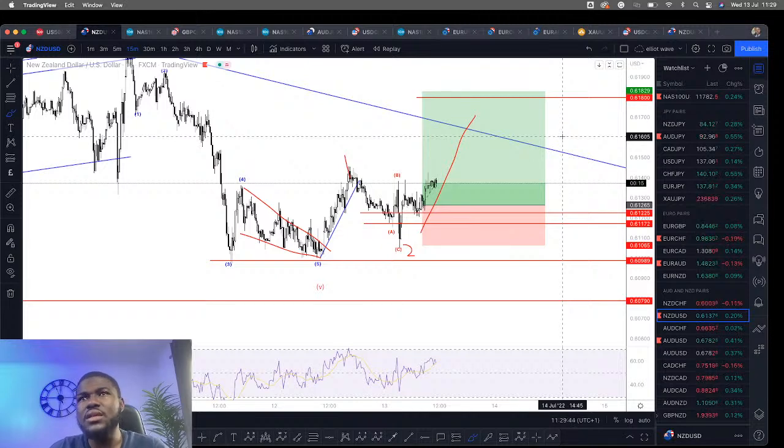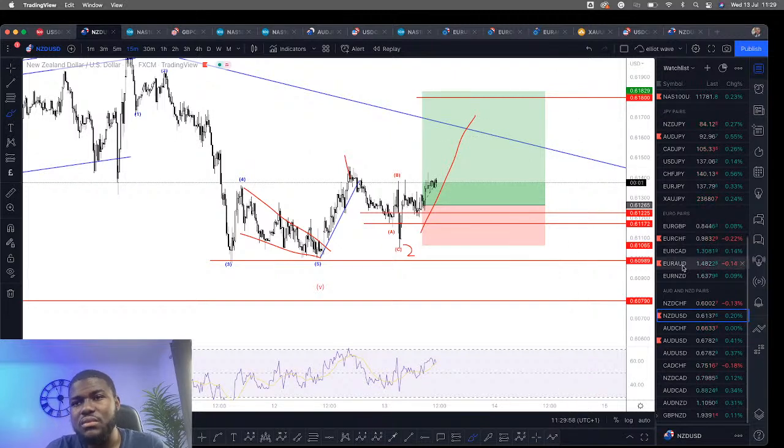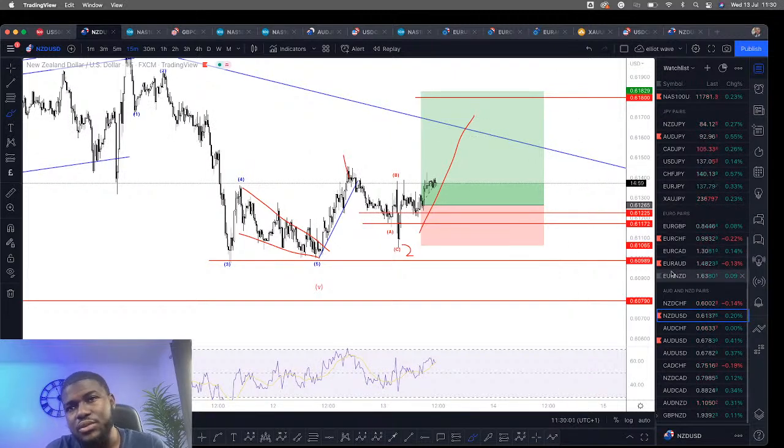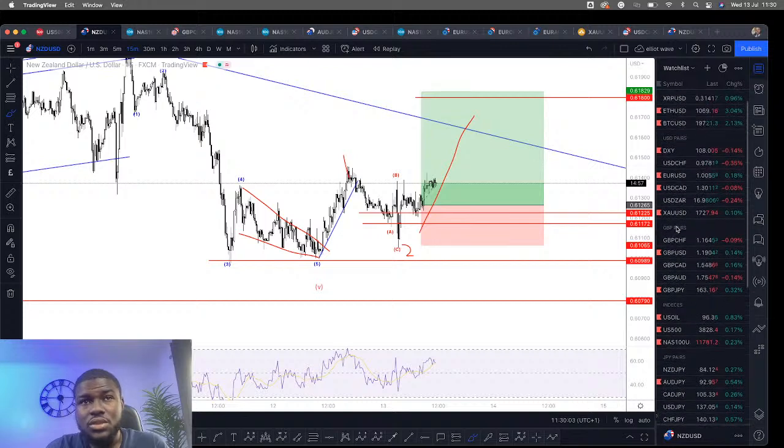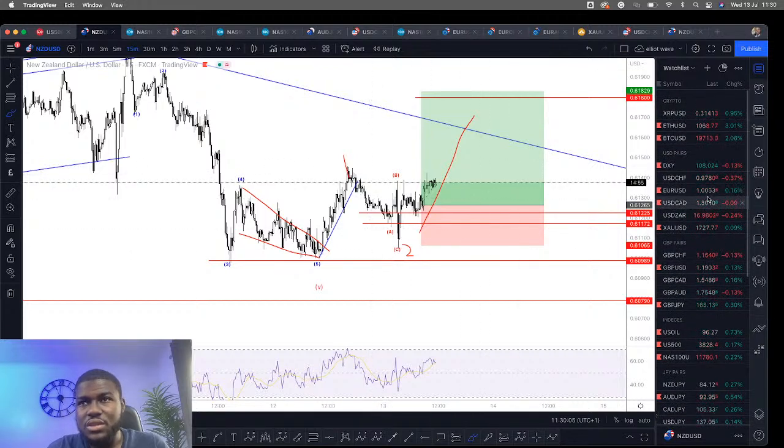There's going to be a news release by 1:30 today. I think that's the consumer price index, so that might be driving the US dollar lower. So DXY might be experiencing some weakness during that time, so that might help us achieve our targets on all these trades.